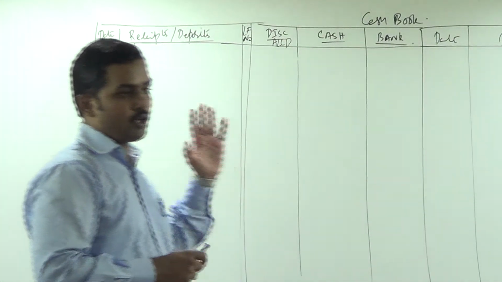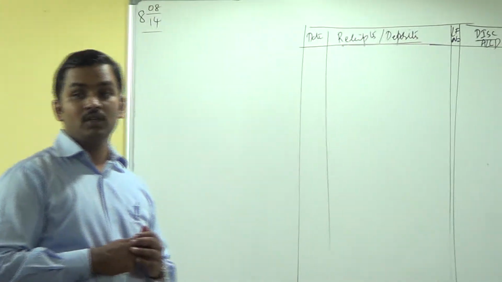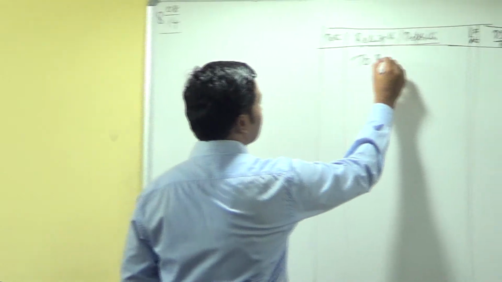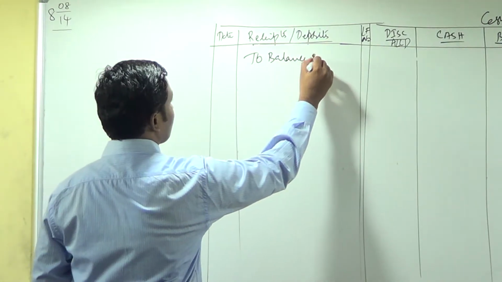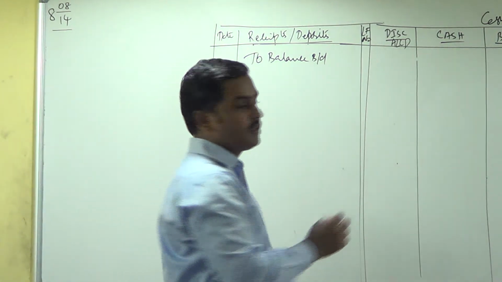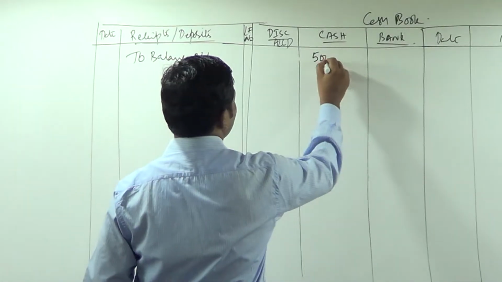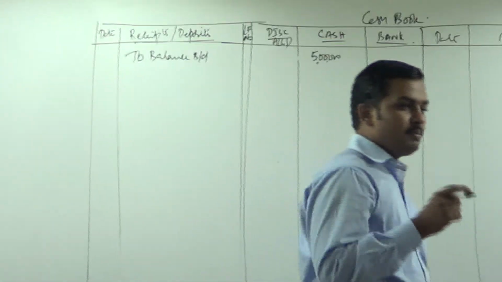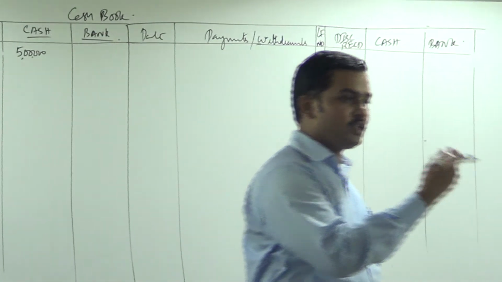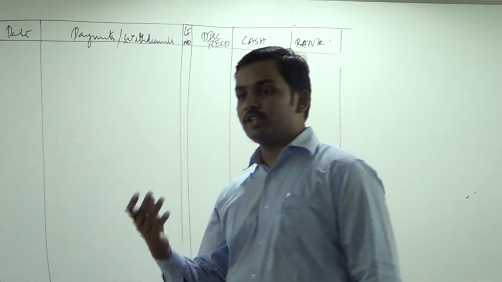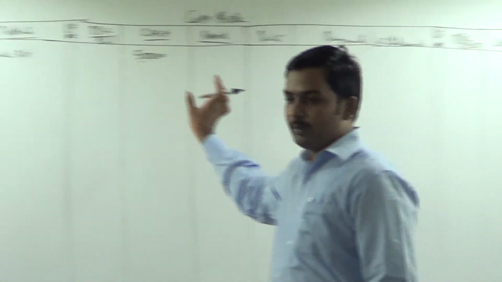So how do you record it in the cash book? To balance brought down. In the cash column, how much? 5 lakh. And favorable bank balance means deposits are more than withdrawals. Balance should be written on the deposit side.